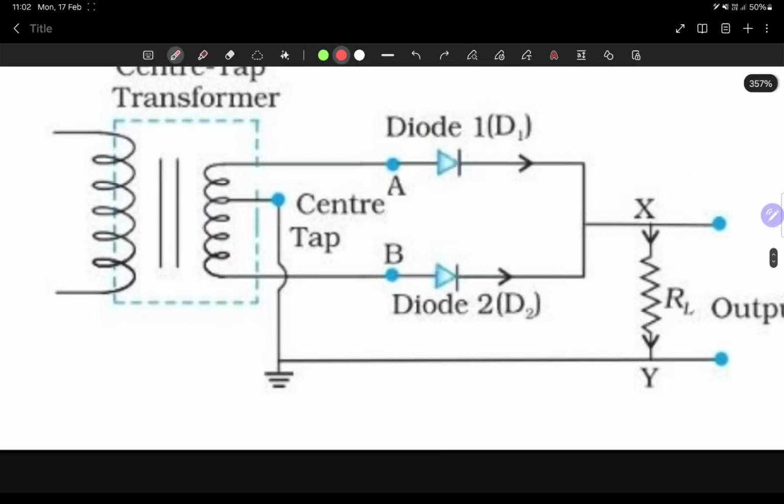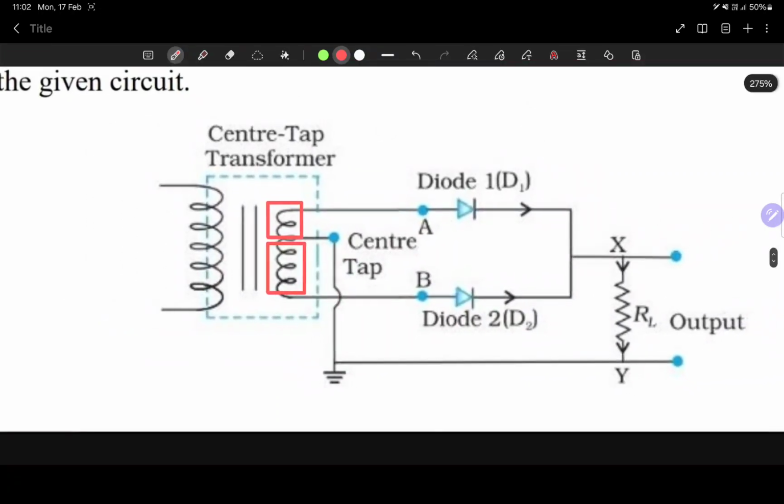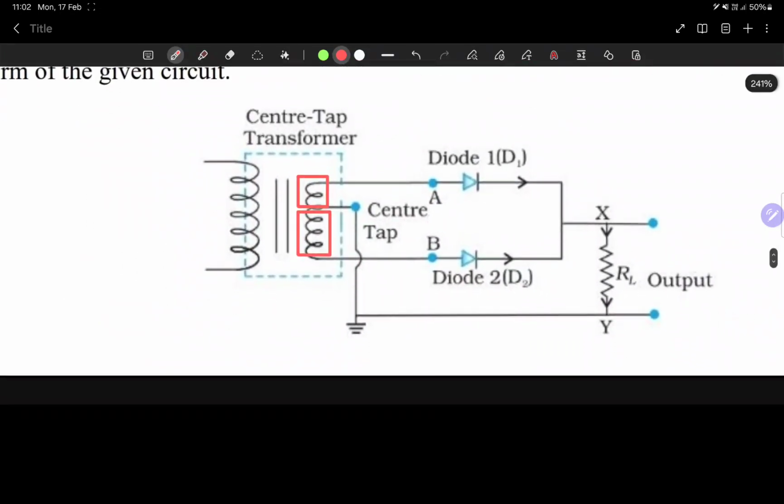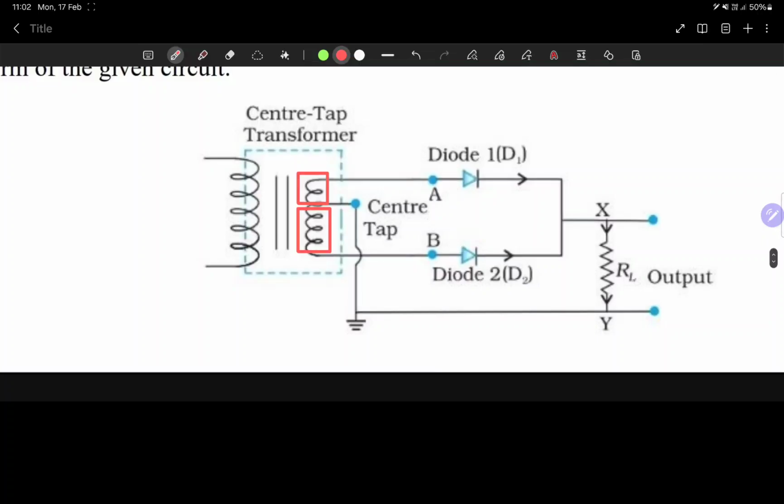These are the number of turns available in your secondary coil. So if the center tap is shifted towards D1, what will happen? Number of turns towards D1 is, suppose, 2 as per the figure, and the number of turns towards D2 will be 4. That means number of turns towards D1 is less than number of turns towards D2.